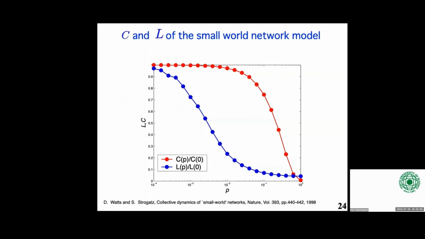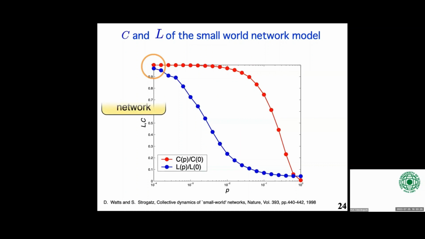First, the values of C of P divided by C of 0 and L of P divided by L of 0 around P equals 0 are very large, almost unity, which indicates the characteristics of a regular network, of course.